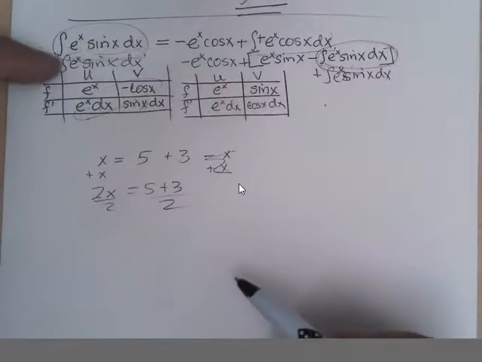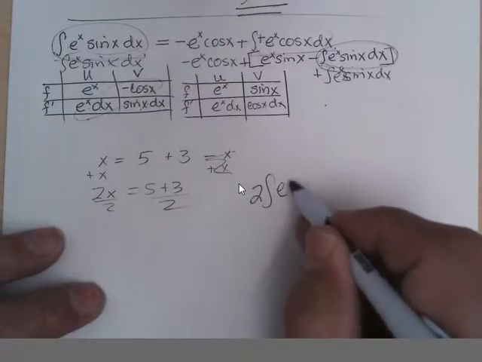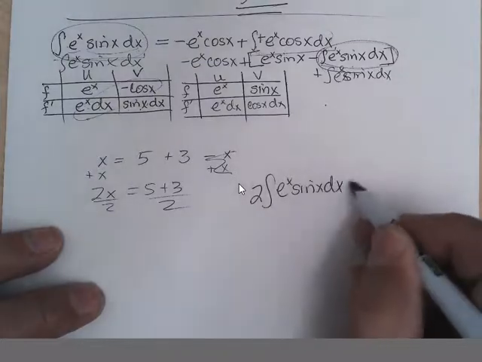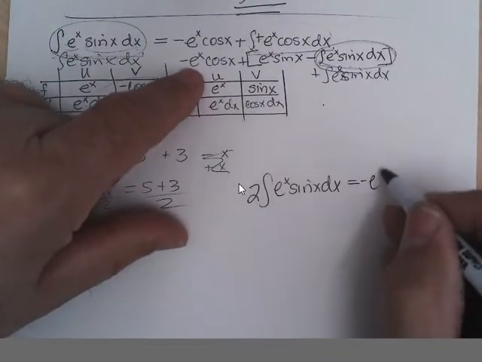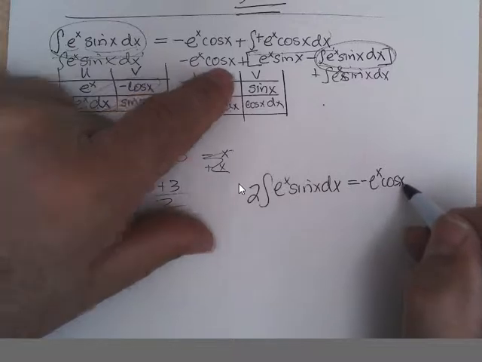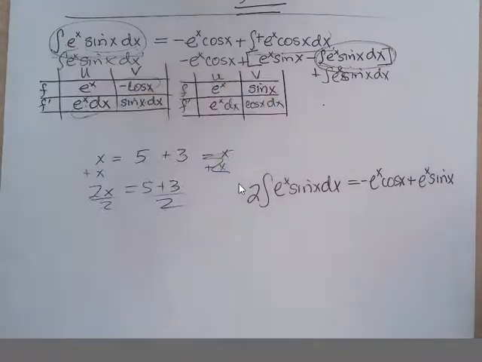And one of those plus another one's 2 of those integrals of e to the x sine x dx is equal to negative e to the x cosine x plus e to the x sine x.